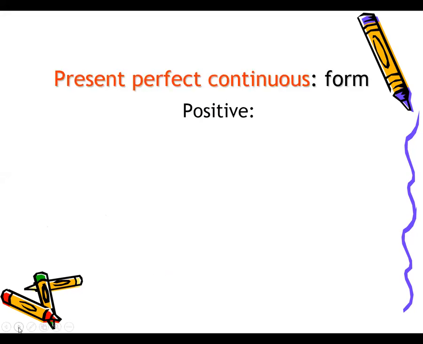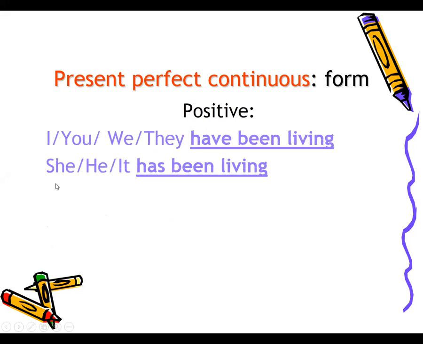Now, the fourth type is present perfect continuous tense. Let's look at the forms. Look over here that been is used, have been, and because it is continuous, the ing form of the verb will be used.